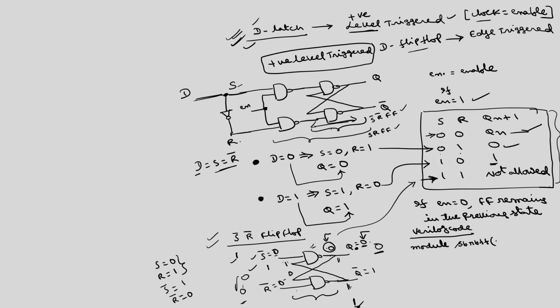What are the inputs and outputs of this flip flop? I can give them in any order. S B I will call the input. I cannot write S bar, so I am calling this one S B. R bar I am calling R B. Q I am calling lowercase Q, and Q bar I am calling Q B. This was the notation I am using.